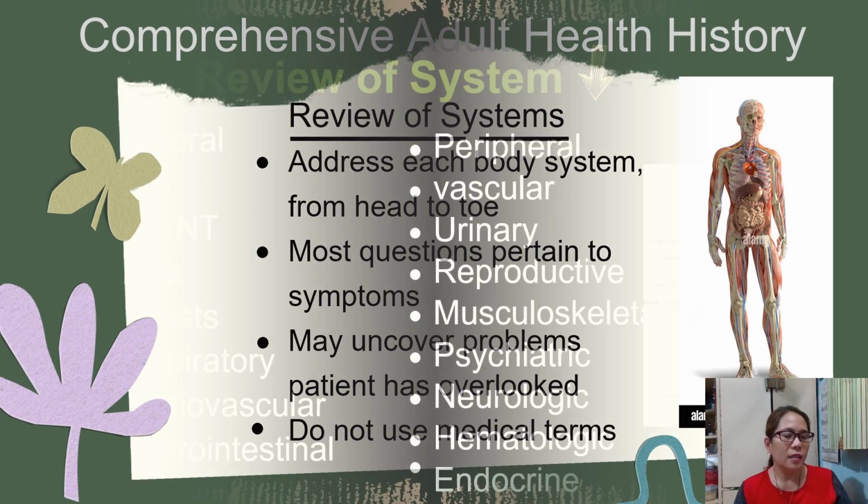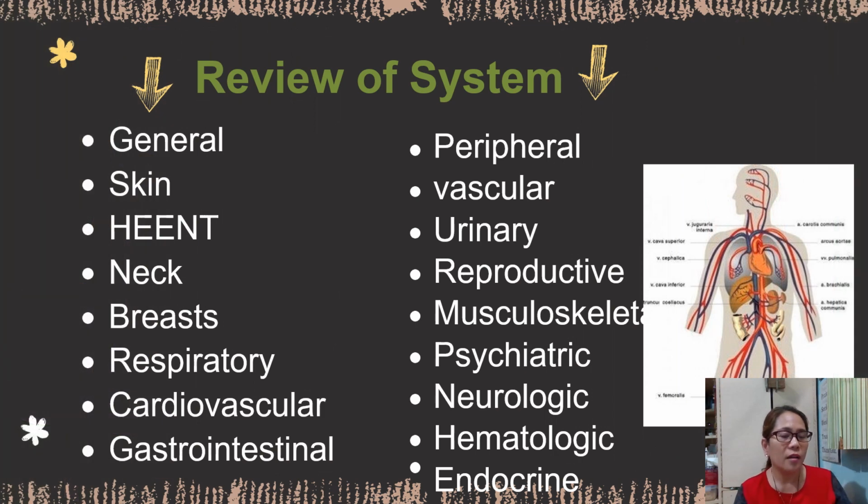Okay, and then these are the components of your review of system. You have to start from the general, or general appearance, the skin, the head, the ears, the eyes, nose, and throat, neck, breast, respiratory system, cardiovascular system, gastrointestinal system, peripheral vascular, urinary, reproductive system, musculoskeletal system, psychiatric, neurologic, hematologic, and endocrine system.